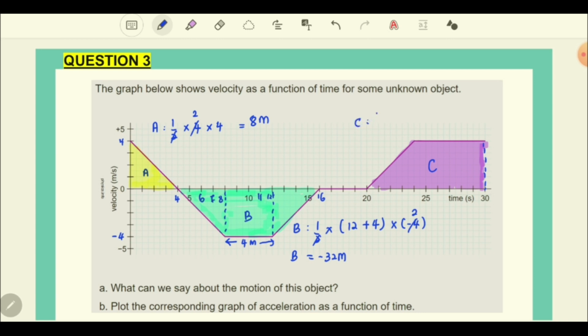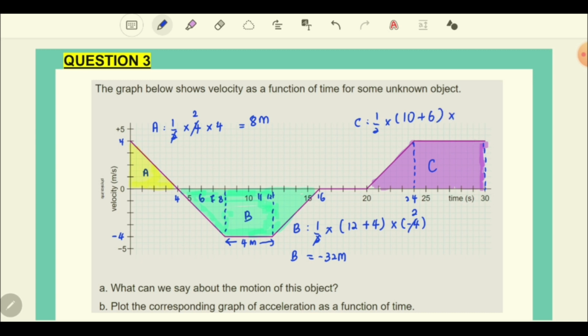So C is half times, so this one should be 24. Alright, so 20 to 30 is 10. 10 plus 24 to 30 is 6.